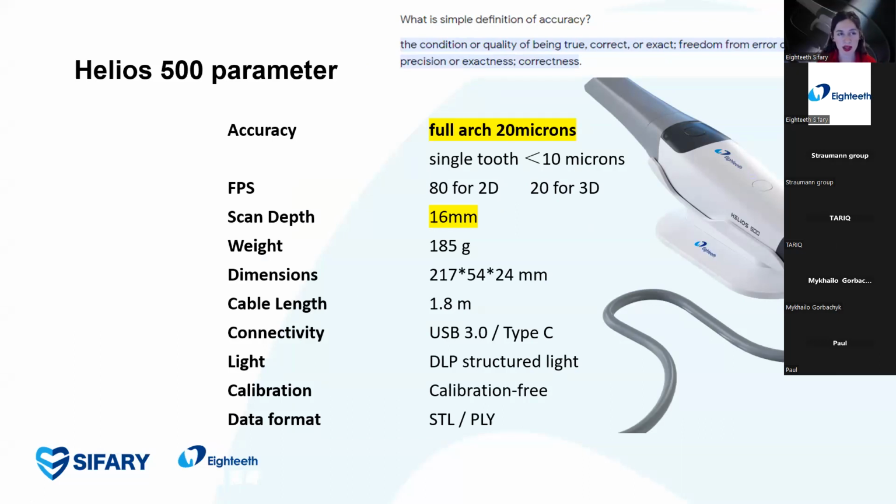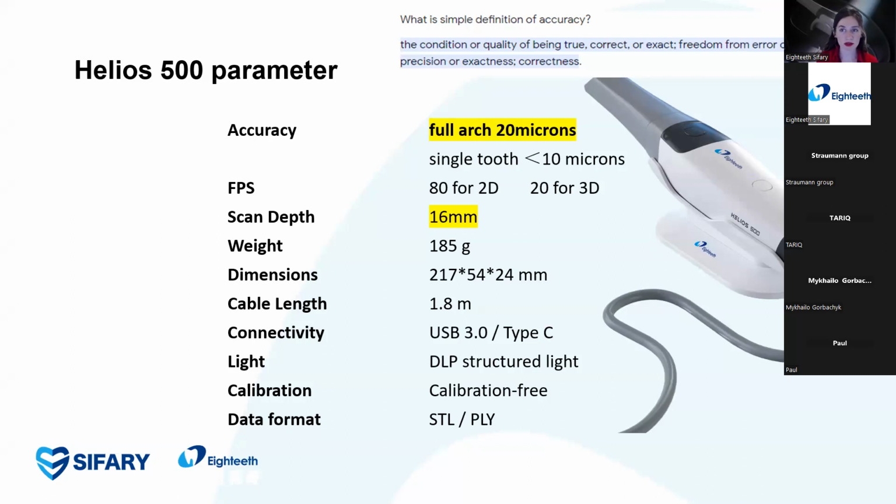The accuracy is basically being true, correct or exact. Of course, a micron is very small, like 0.001 millimeters, something like that. But in the dental industry, we use the micron level, not millimeters.